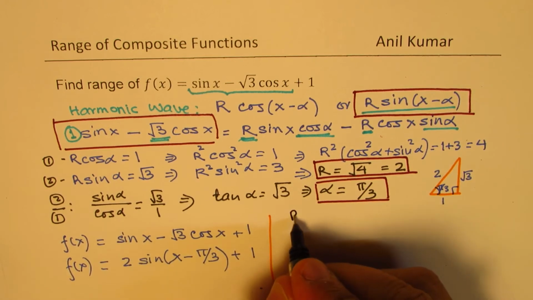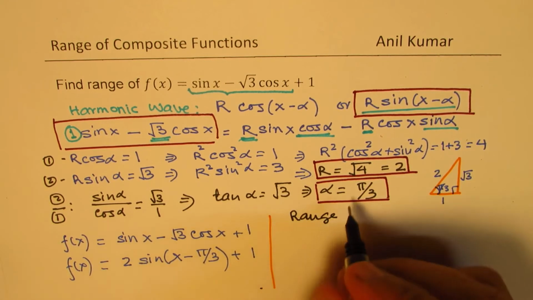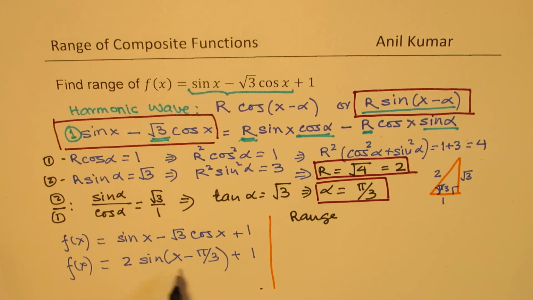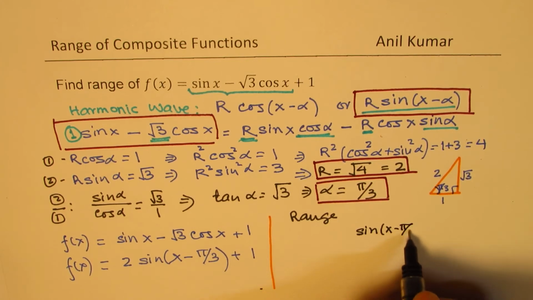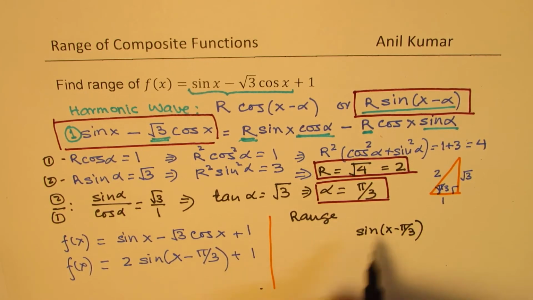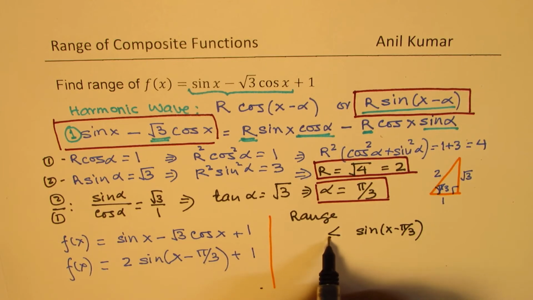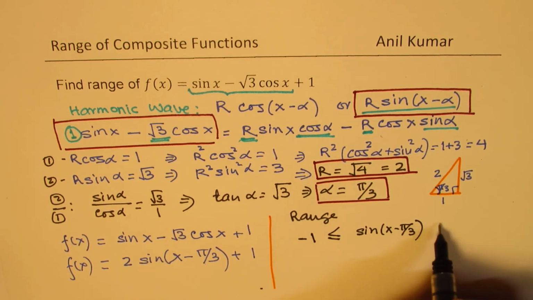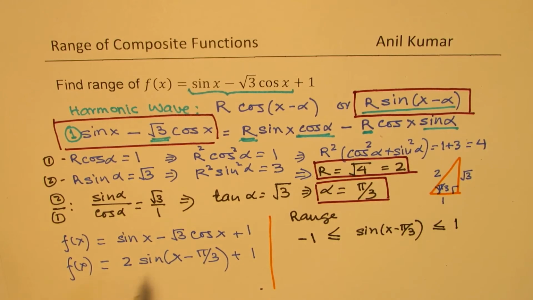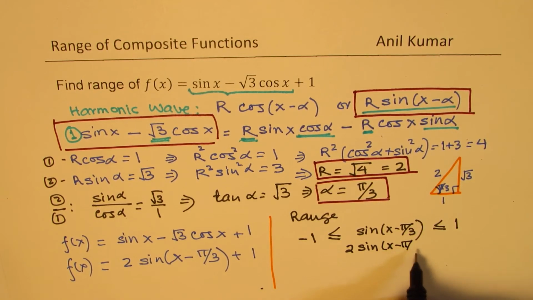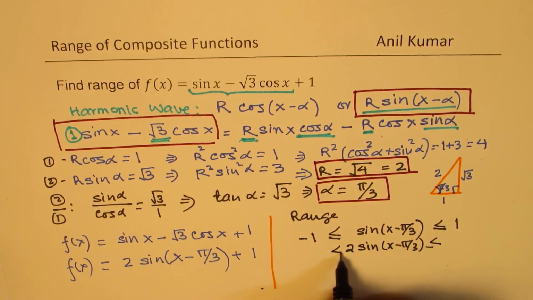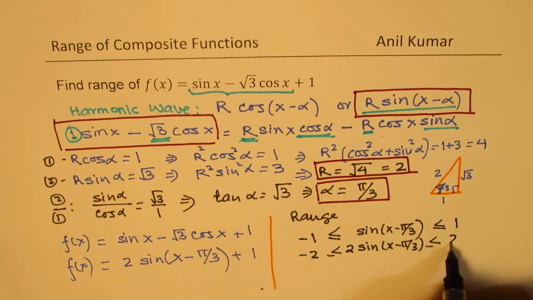So let's calculate the range now. So for the sine part, as far as sine of x minus pi by 3 is concerned, this value has to be between minus 1 and plus 1, correct? If I multiply this by 2, that means 2 times sine of x minus pi by 3 will be between minus 2 and 2.